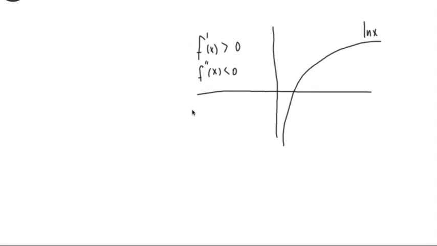Now for the domain, which means the values of x, we need to put our consideration on the values of x. It starts from 0, but we never reach 0. So 0 is not in the domain of the function.